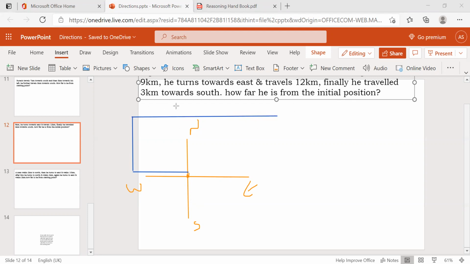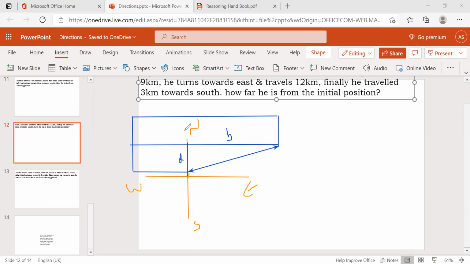Finally, he traveled 3 kilometers towards south. Now, what's the distance between the initial point and this point? They're asking for the length from here to here. If you want to find this, we should know this length and this length, right?